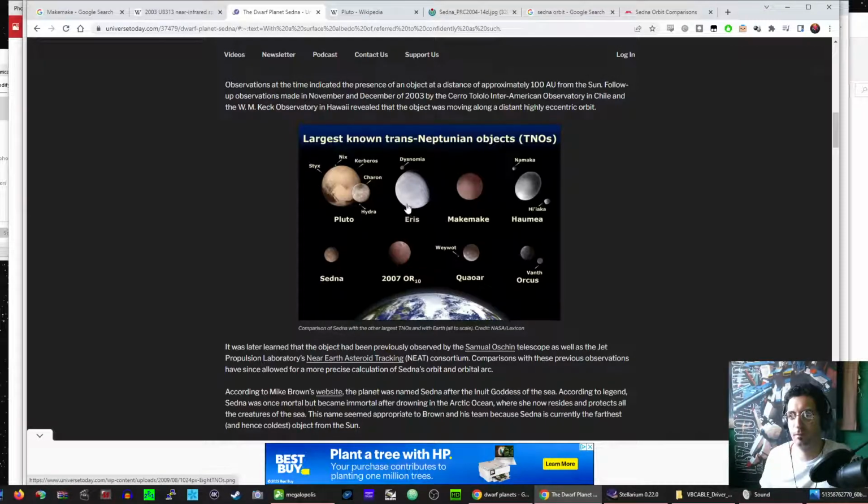But the size is comparable. In this picture here, Sedna is actually a little smaller than Pluto's moon. So in fairness, bottom line up front, I'm gonna have to edit this heavily. Bottom line up front, Pluto is comparably sized to other objects near the Kuiper Belt and trans-Neptunian objects.